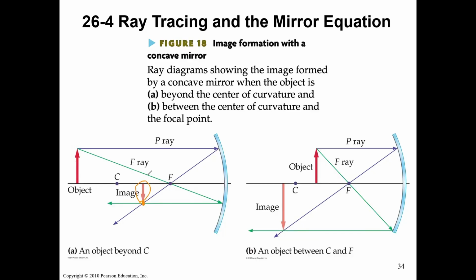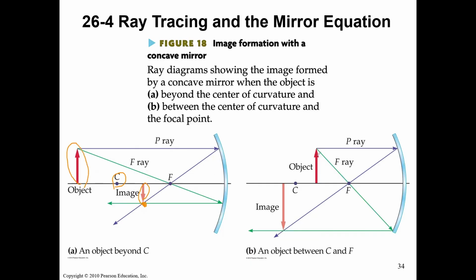Okay? If you actually put a cardboard in here, you can actually see an image on this cardboard, right? So this is a real image where the light rays actually converge. Third thing is that if you put the object further away from the center of curvature, you will see that the image is actually smaller than the object.